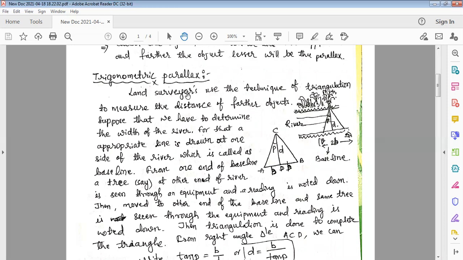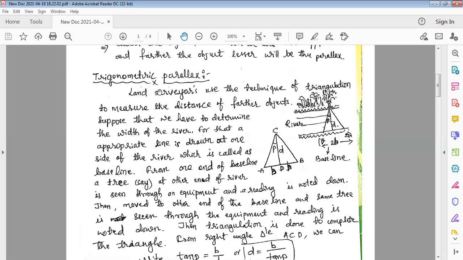This trigonometric parallax method was initially used by land surveyors who were working in the fields to determine various distances, generally distances of higher magnitude.